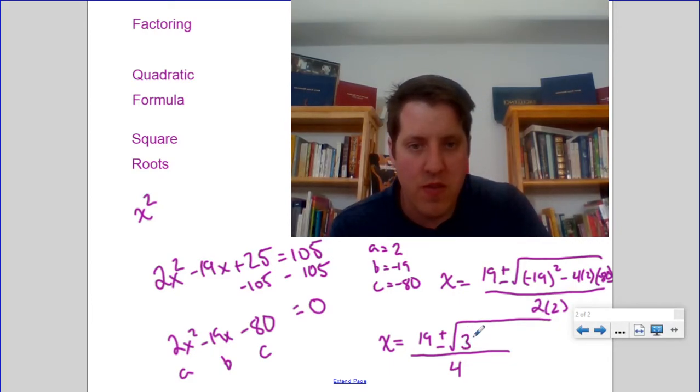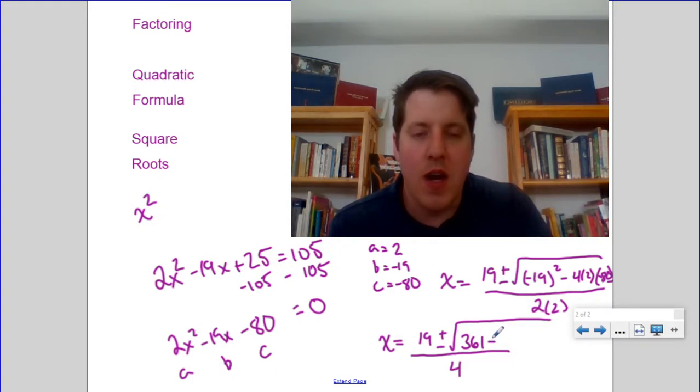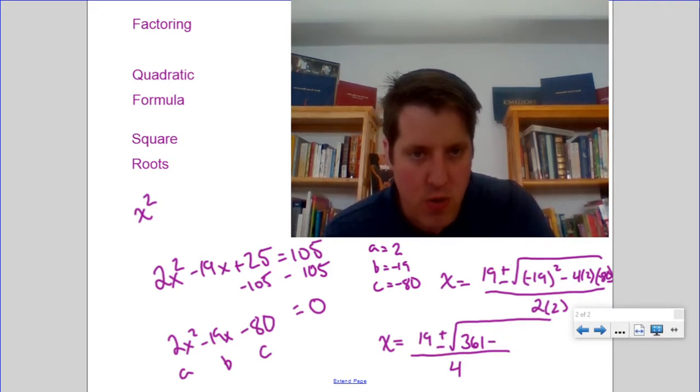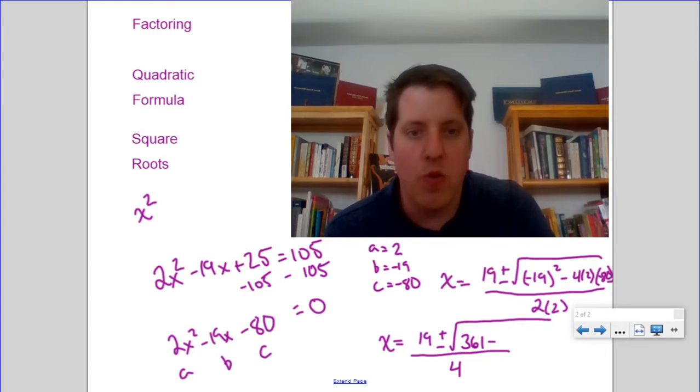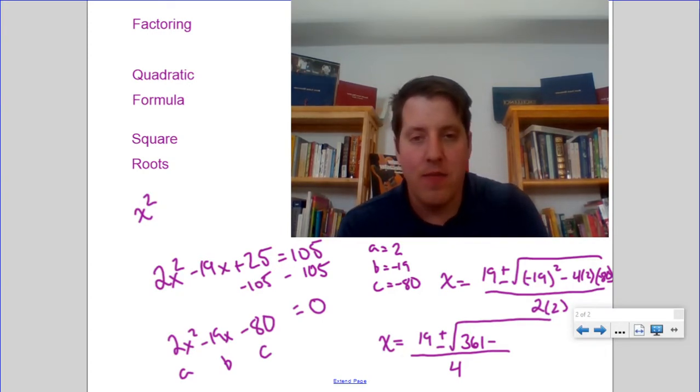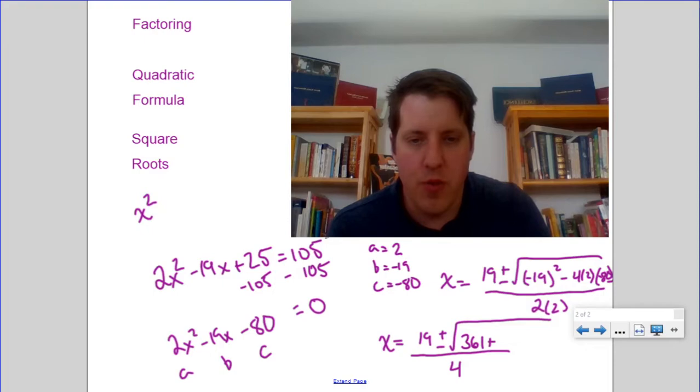So 361 minus 4 times 2 times negative 80. The fact that there is a double negative there, the negative 4 or the minus 4, and the negative 80, means that you're actually going to end up adding. So not minus here, but instead plus, and then whatever 4 times 2 times 80 is. So that's 640.